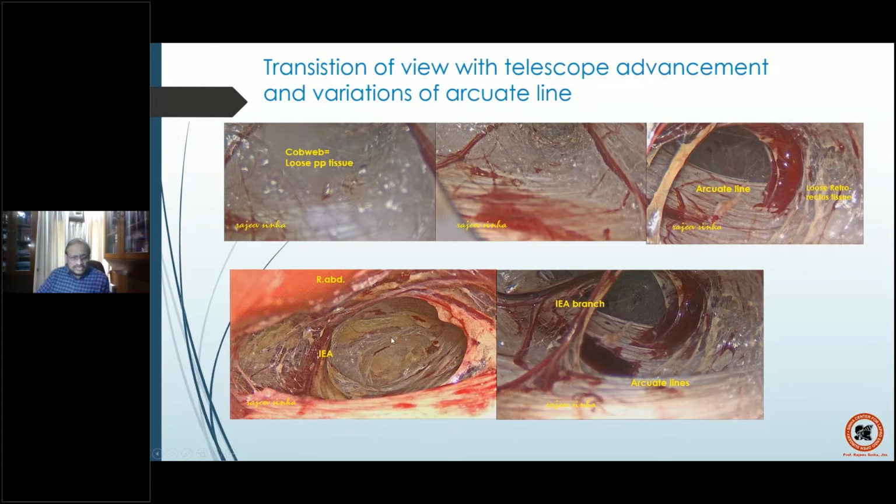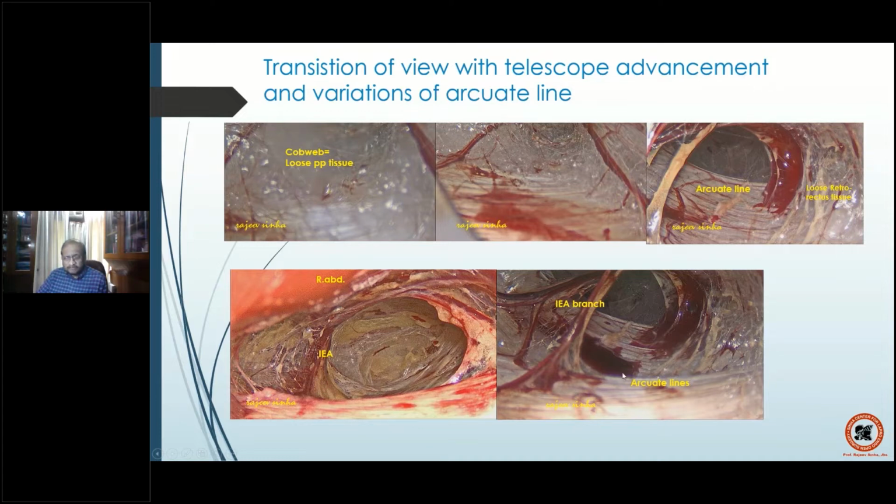As you dissect further, then you find that the inferior epigastric artery is climbing up, and it is closely applied to the undersurface of the rectus abdominis muscle, which is forming the roof of the retrorectus tunnel. So that is the roof, and the retrorectus tunnel, the floor is formed by the posterior rectus sheath. More dissection, and you find the branches coming out from the inferior epigastric artery and supplying the rectus sheath.